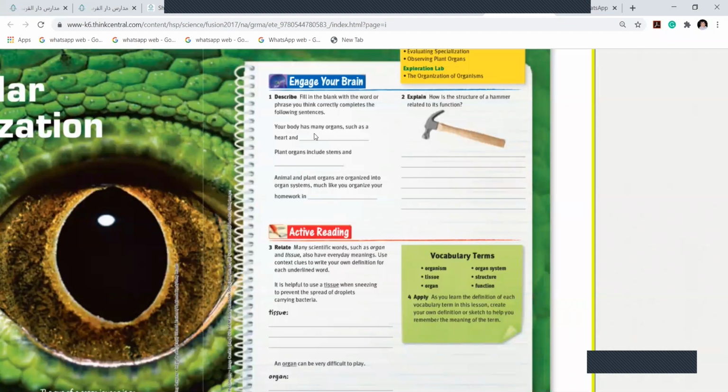Now, when tissues come together, what does it give? I remember cell, tissue, organs, organ system. Remember?